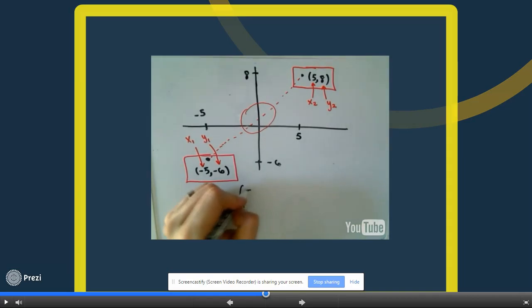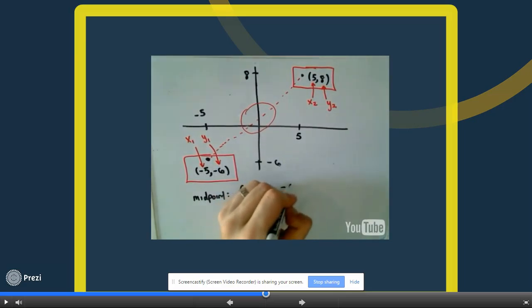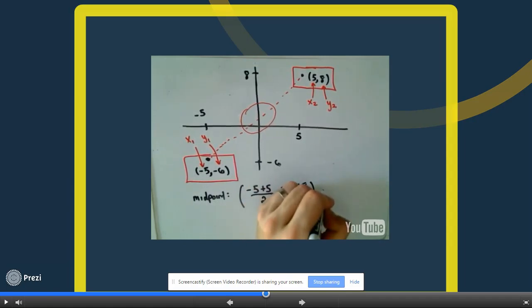If we add the x-coordinates, we get -5 plus 5 divided by 2. And for the y-coordinates, we get -6 plus 8 divided by 2. Simplifying, -5 plus 5 is 0 divided by 2, and -6 plus 8 is 2 divided by 2. That reduces to the point 0 comma 1.